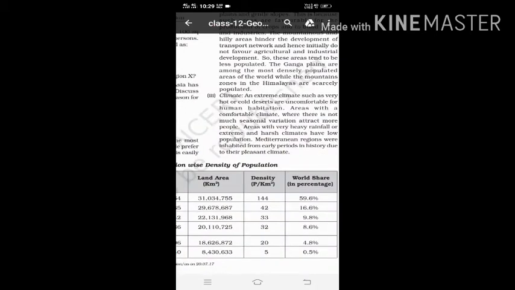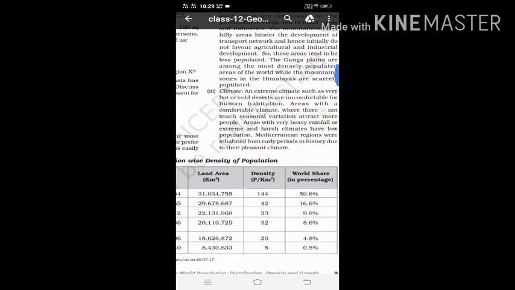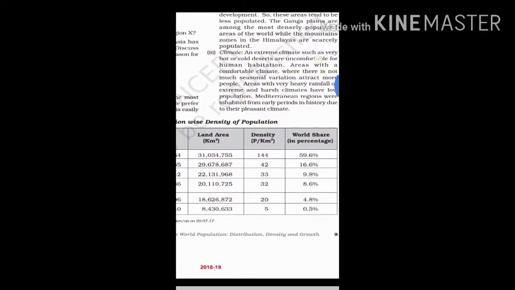Then comes climate. People prefer to live in neither too hot nor too cold conditions. They prefer to live in temperate areas. I hope you have understood why people prefer to live in temperate zones.